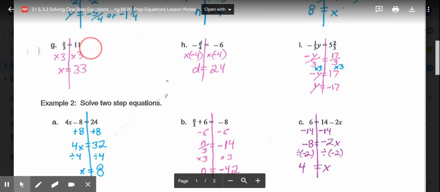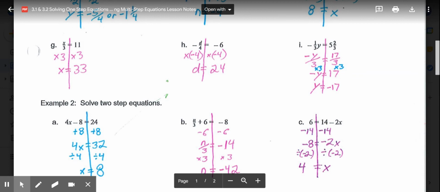So to get back to just 1x, or get x alone, we need to undo the division of 3. So we would multiply both sides of the equals. So the multiplication property of equality, multiply both sides of the equal sign by 3. So the 3 on top and bottom would cancel. We're left with x equals 33.